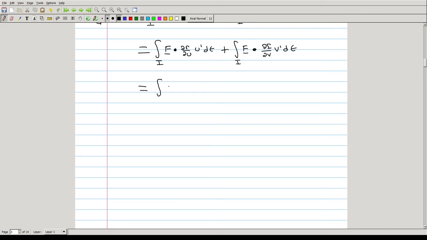So this expression is nothing more than f dot product dr/du du plus f dot product with dr/dv dv. And this is a line integral. It's actually a closed line integral over a boundary in uv space.